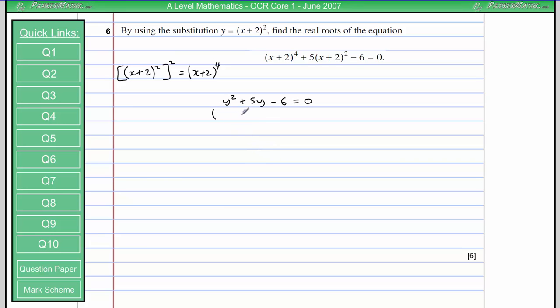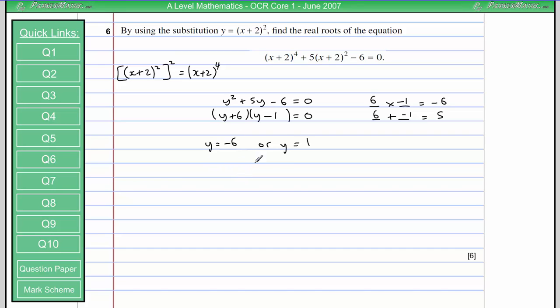Well, this is going to factorise nicely. We're looking for two numbers that multiply to give minus 6 and add to give 5. Those two numbers are 6 and minus 1. So we get (y plus 6)(y minus 1). That gives us two solutions: y is minus 6 or y equals 1.